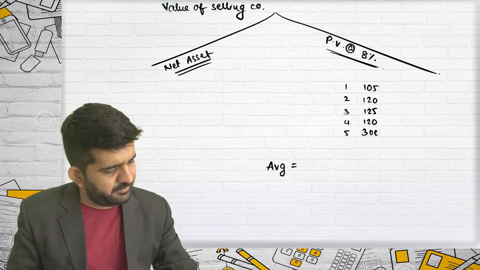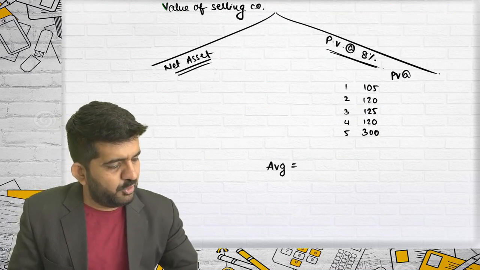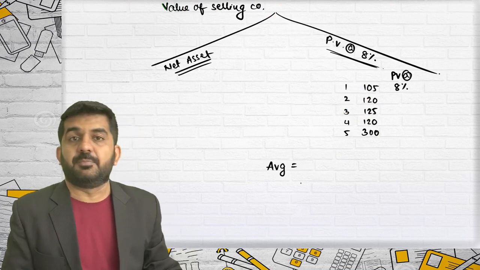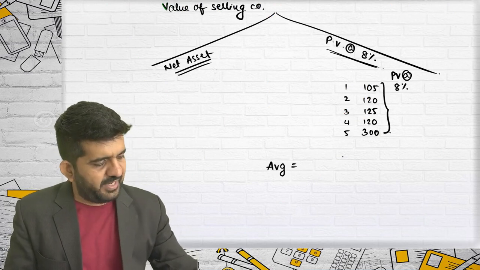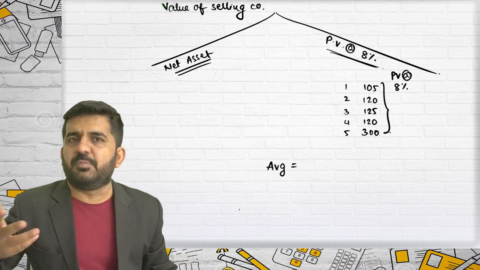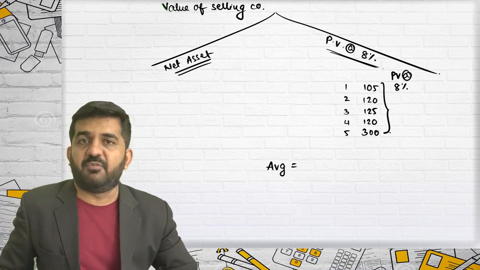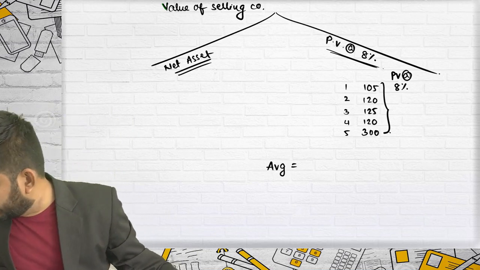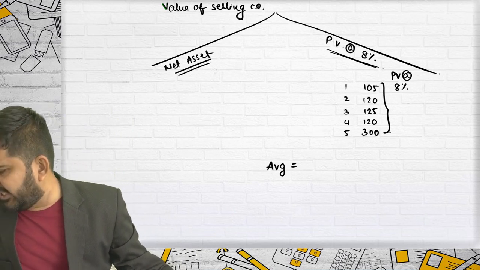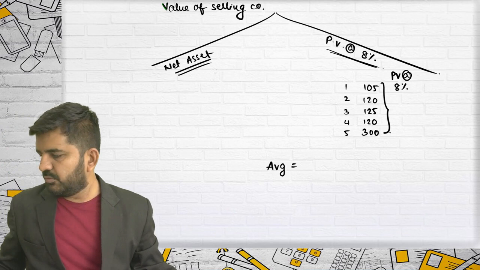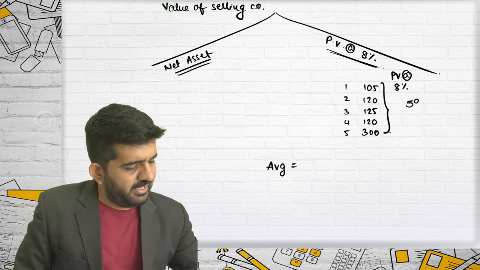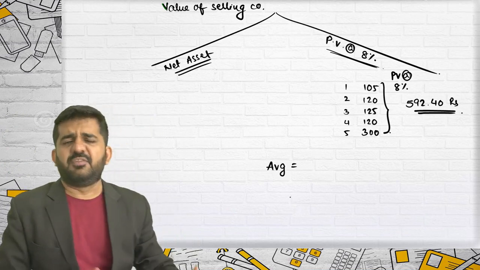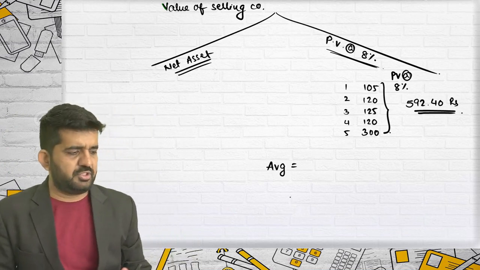So 300. Present value at the rate of 8%. I am not finding it out; I am directly writing, assuming you will be very comfortable finding this out. This is nothing but 592.40. If they are lakhs, they are lakhs. If they are crores, they are crores. That is absolutely right. Alright.